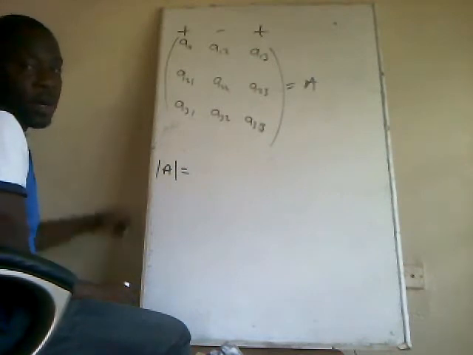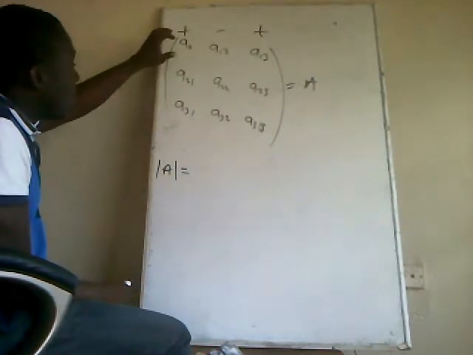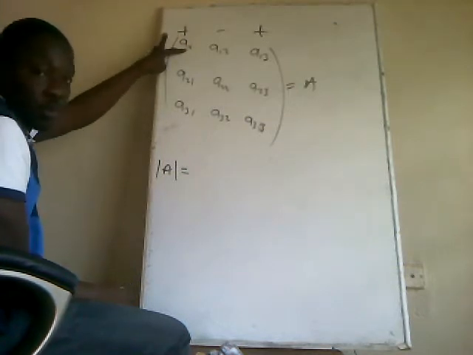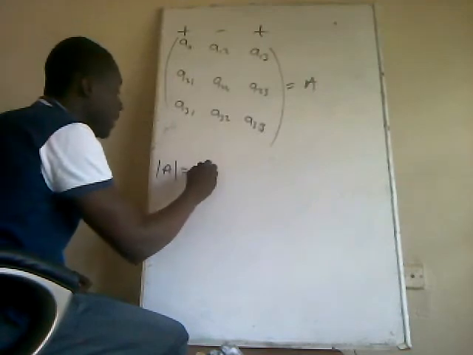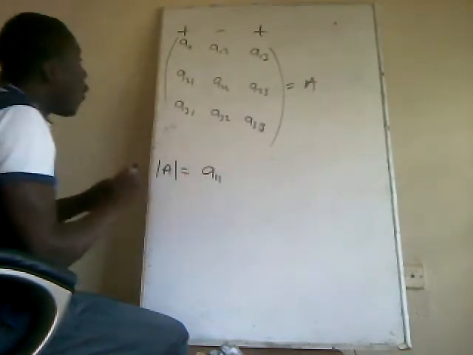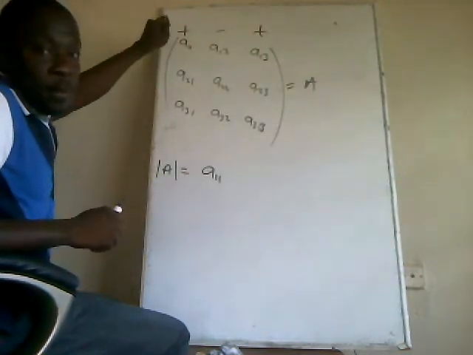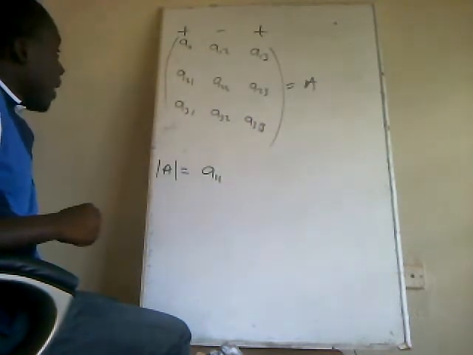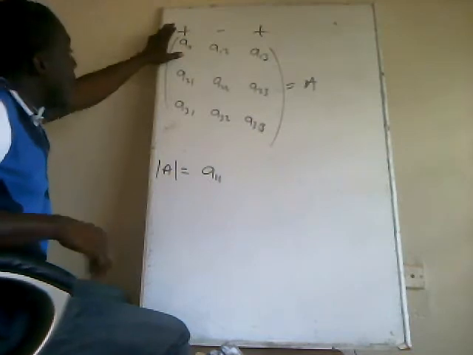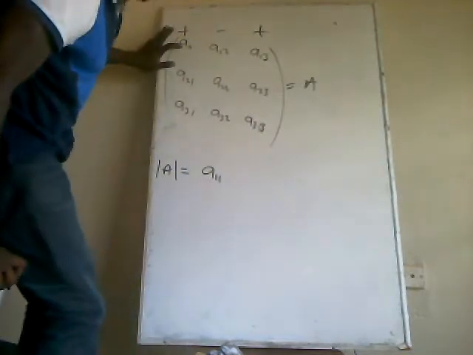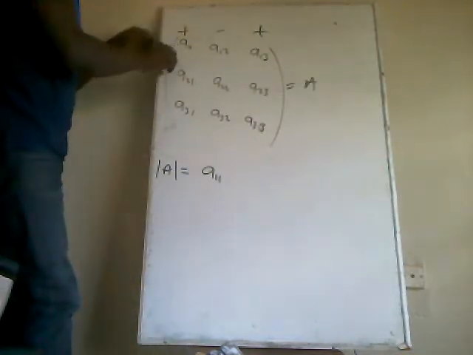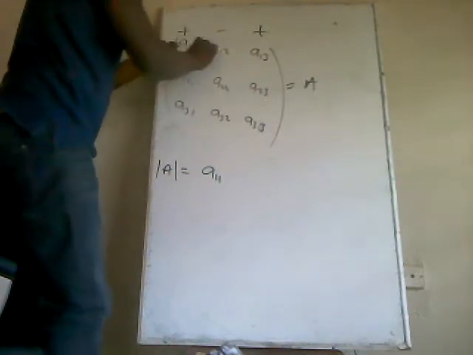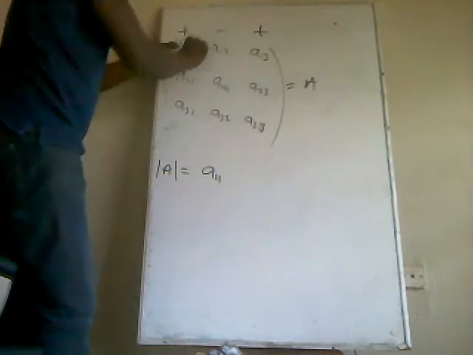we stand on the first element, first row. So we pick it. When we are picking it, we pick it with its minor, so it's positive. So we maintain the positive sign. Okay. Now, once I stand here, I will cover the first row and the first column.